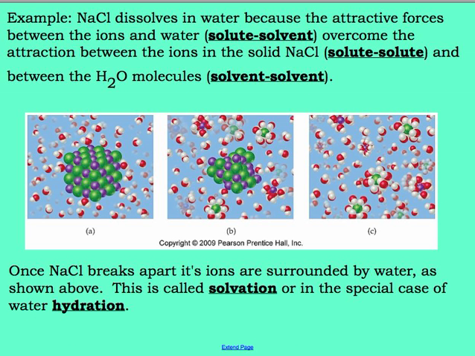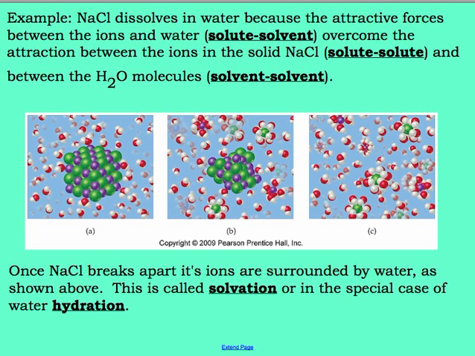This is just a picture showing you how salt dissolves in water. You can see there is an attraction between the ions and the water. The ions are very positive and negative, and the water has that polarity to it. So those solute to solvent forces overcome the attractions of the solute to solute, and they also overcome the attractions of the solvent to solvent. Because that happens, we get a solution.